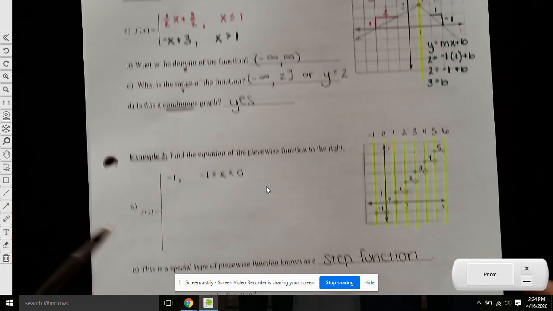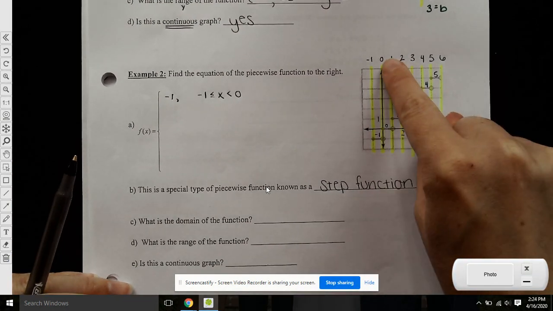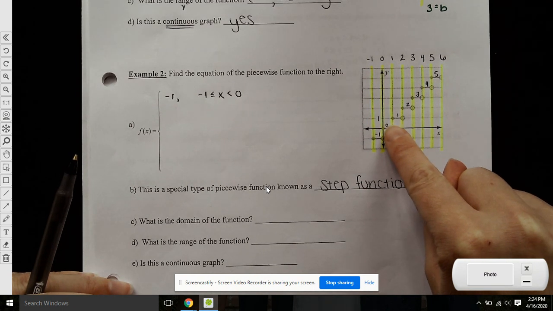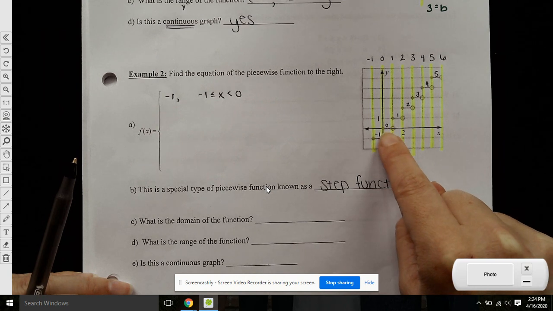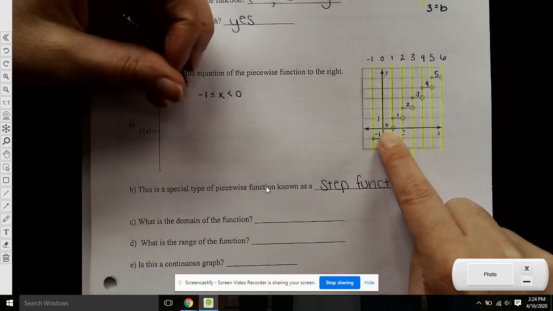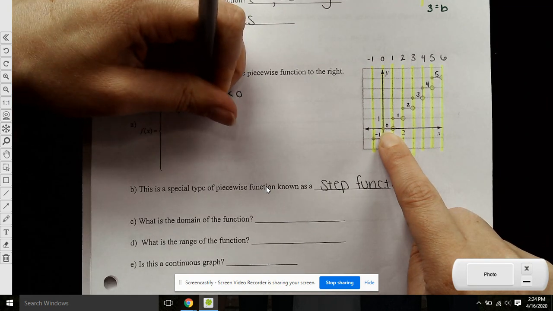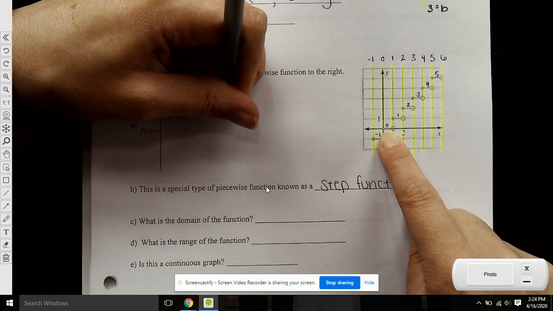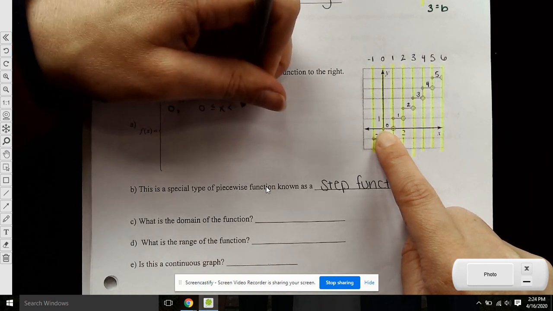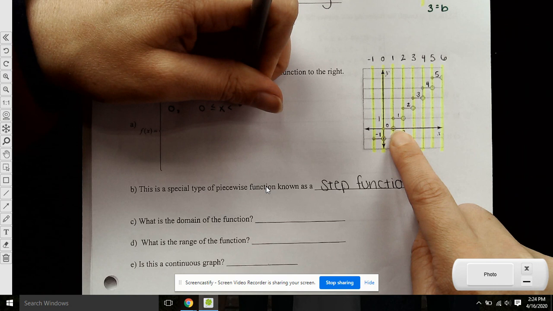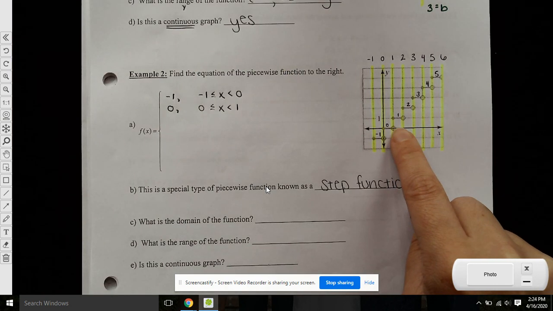So this is where it gets really important with that, because notice how at the value of x equals 0, I have an open circle at -1 and a closed circle at 0. So my next part of the function is 0, but then I have 0 is less than or equal to x. That's a closed circle, is less than 1. So this one goes from 0 to 1.